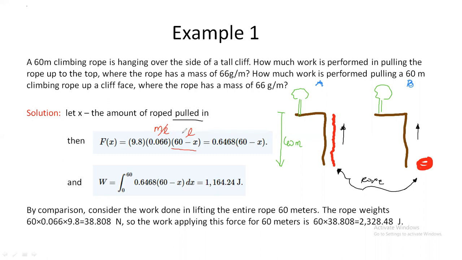If it's multiplied to the meter unit here for the remaining part of the stretch rope, then the remaining unit here is kilogram. This entire expression here is mass. In physics, you learned that in order for mass to be converted to weight, you need to multiply it with the gravitational constant g.